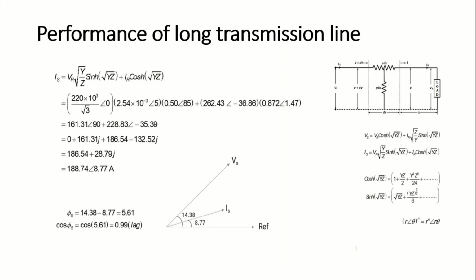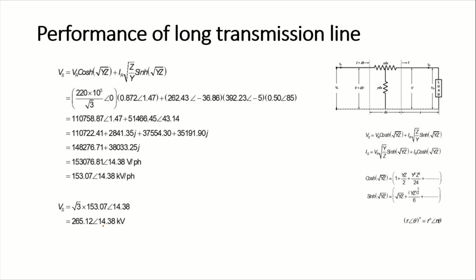Same way Is can be calculated. The Is equation is Vr under root y by z sin h under root y into z plus Ir cos h under root y into z. Put all these values in this equation and calculate and we get the value. Now we have to find phi s. How can phi s be measured? Take a reference.